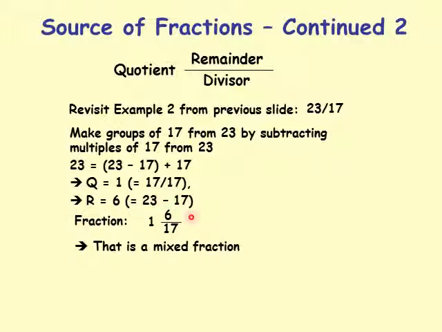This is my mixed fraction, where the quotient is 1, because we had one group. The remainder was 6. After we take out one group of 17 from 23, 6 were left over. So 1 as a whole number, and 6 divided by 17 is my proper fraction part. And this is a mixed fraction.